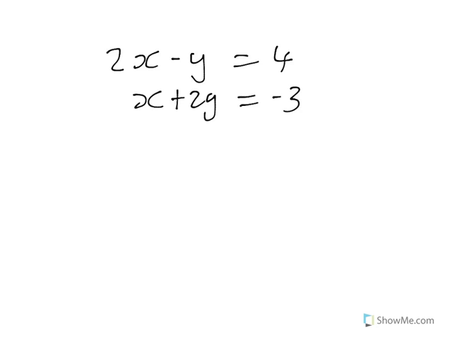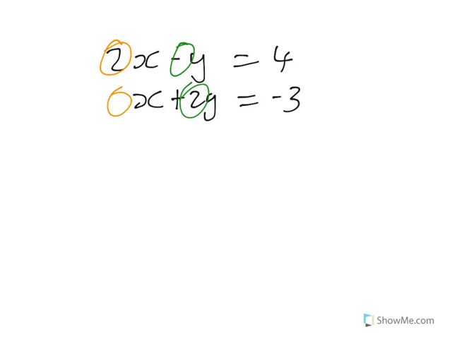To eliminate, we need to get the coefficient in front of the x or the coefficient in front of the y the same size. Not too worried about the sign, whether it's positive or negative, but it needs to be the same size.